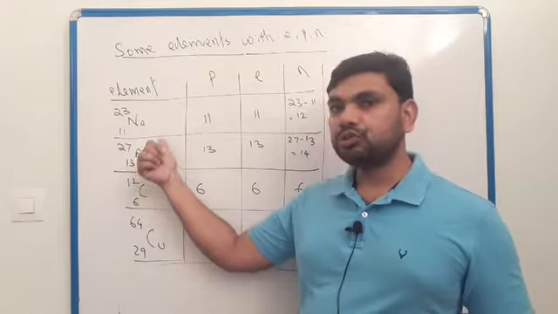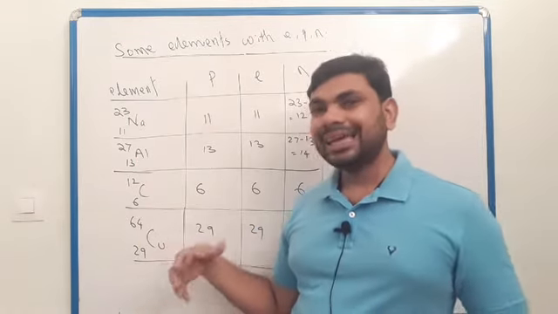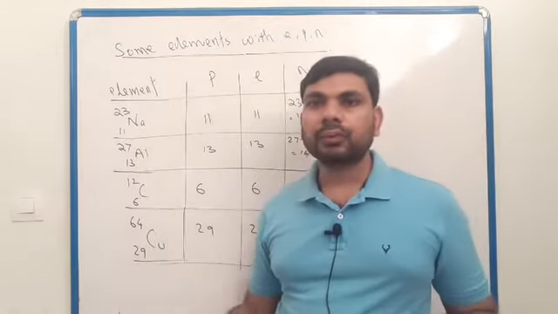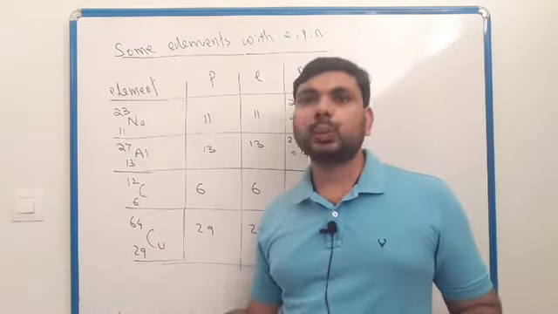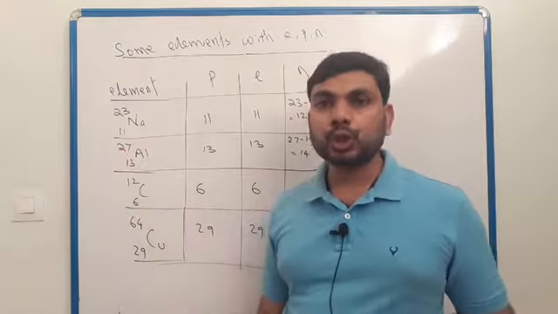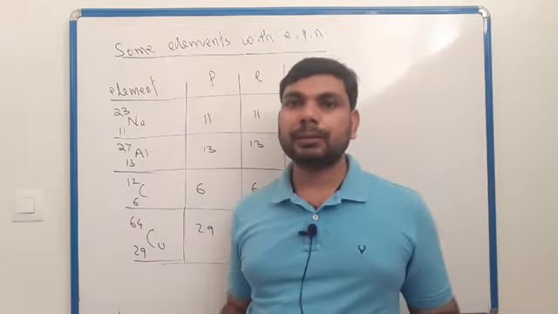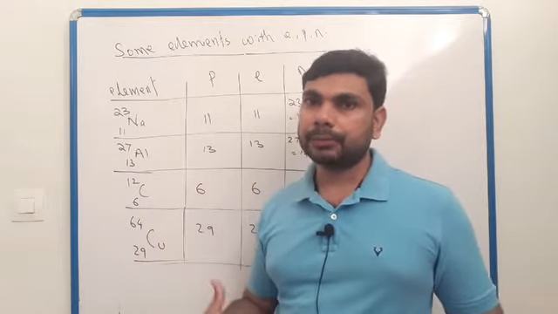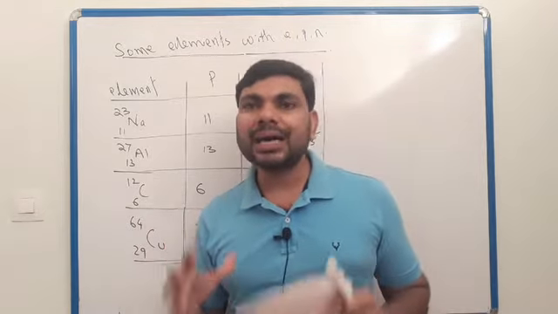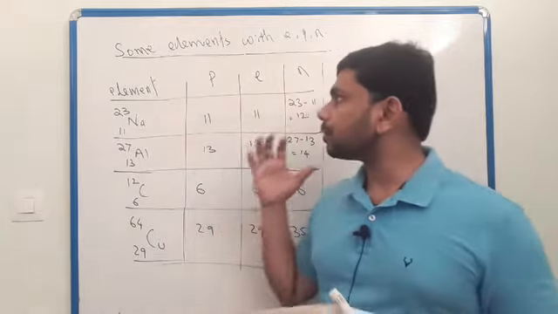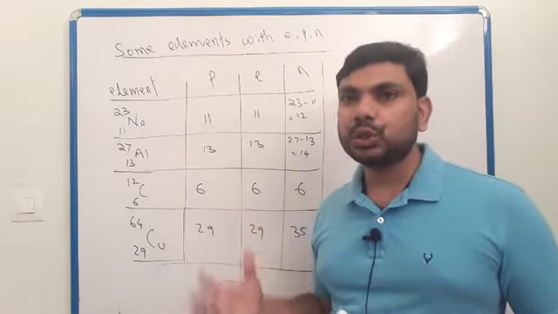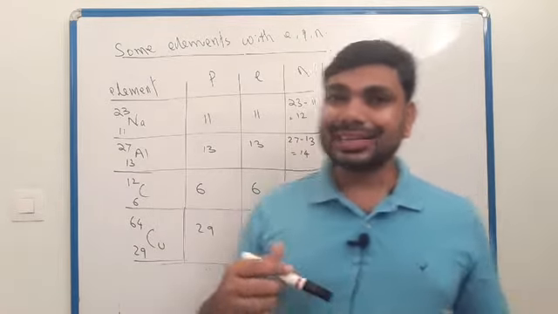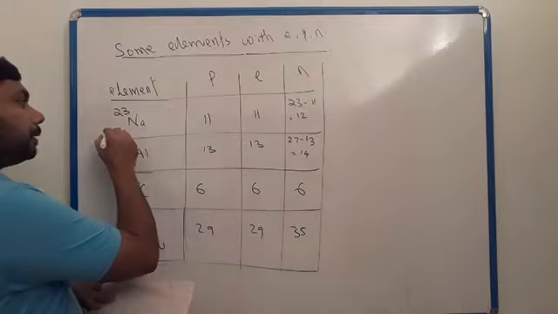Similarly, aluminum 13, 27, oxygen 8, 16, carbon 6, 12, copper 29, 64. You can find these symbols with their atomic number and mass number. The lower number is the atomic number, the higher number is the mass number. Using these, we can find the number of protons, electrons and neutrons. Clear? So see here, sodium atomic number is 11.